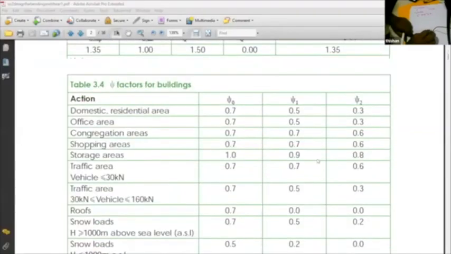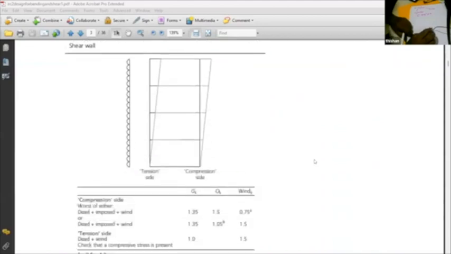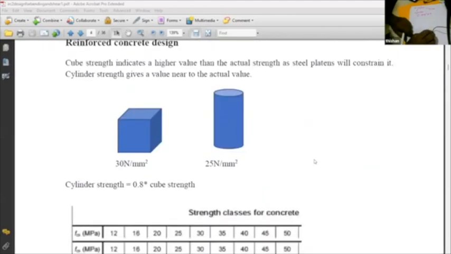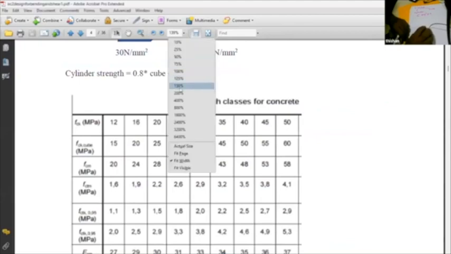If I go down on this note, I can clearly show you. You might see some of the things that you have already seen last time, but this is the important chart. One is cube strength, the other is cylinder strength. I will enlarge this a little more so that you can see it clearly.